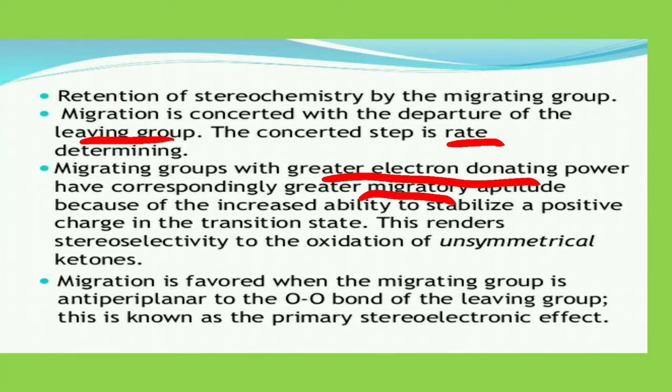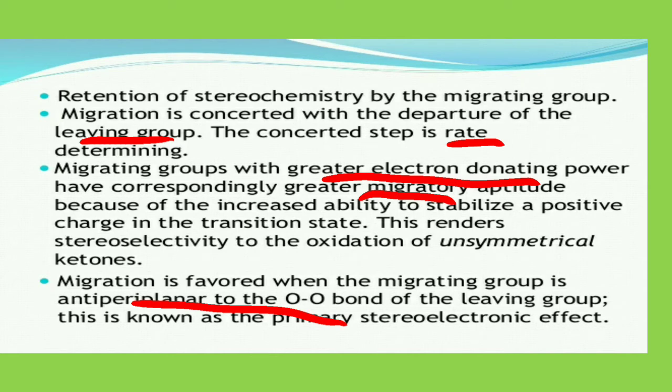The migration is favored when the migrating group is anti-periplanar to the oxygen bond of the leaving group. That means the migrating group must be anti-periplanar to the oxygen bond. This R group must be trans.